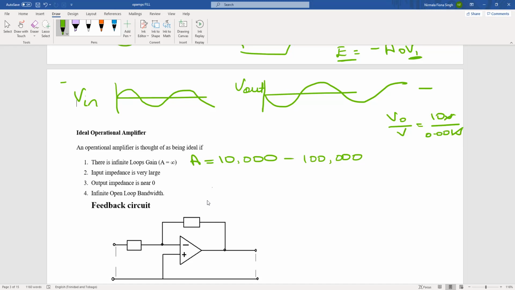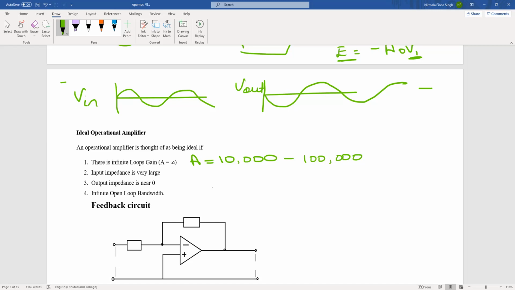So there is no unit for gain. Gain is simply a ratio. All right, so first things first, you have an infinite open loop gain. Here we assume that A is equal to infinity, but in actuality, we're going to look at anywhere between 10,000 to 100,000 for your gain.